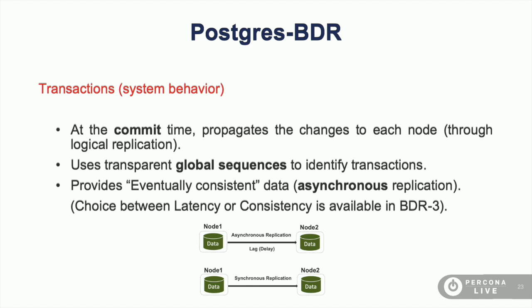The administrator can choose between latency and consistency, which means it's possible to increase the consistency level with some drawback in latency. So it's possible to have a stricter level of consistency with Postgres BDR 3, while with Postgres BDR 1, all the nodes are in eventually consistent mode.